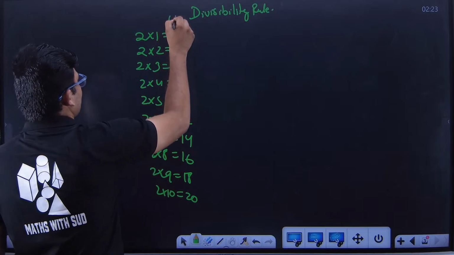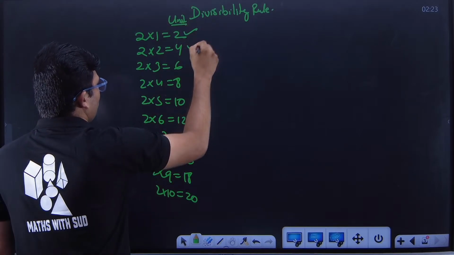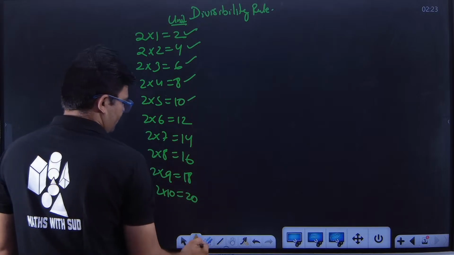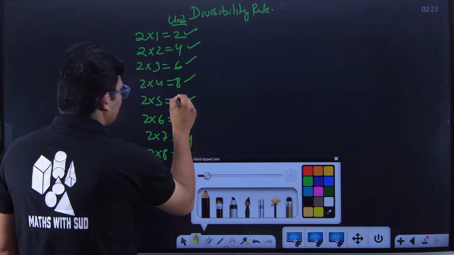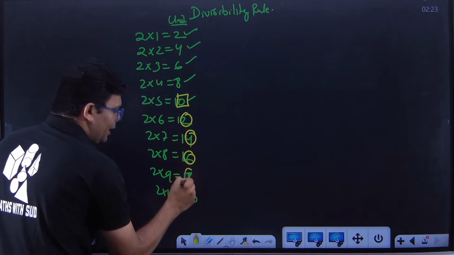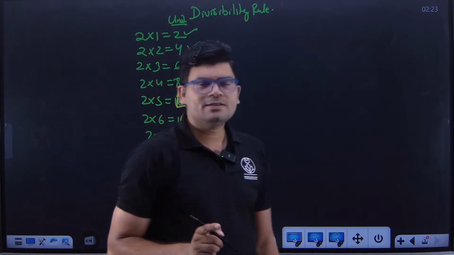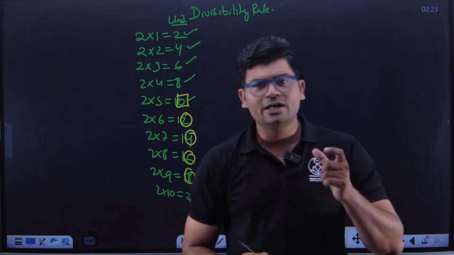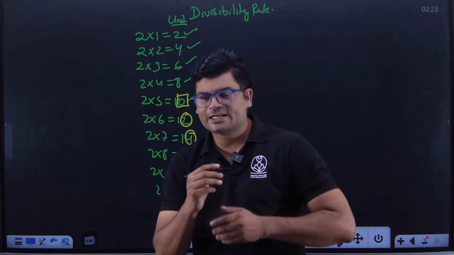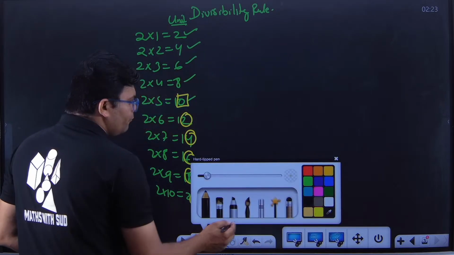The unit digit means the digit at the ones place. It is 2, 4, 6, 8, 0. Again it is 2, 4, 6, 8 and 0. That means the numbers ending with 0, 2, 4, 6, 8 keep on repeating and they are divisible by 2. So that is the divisibility rule for 2.